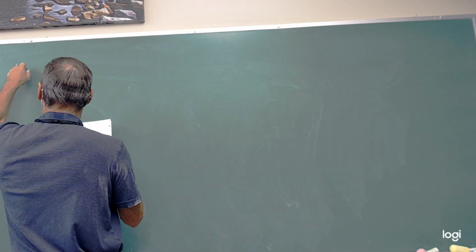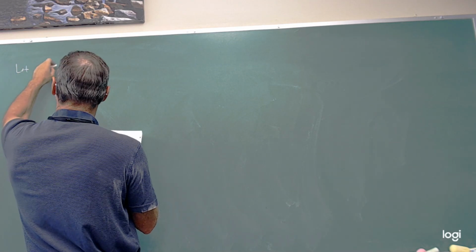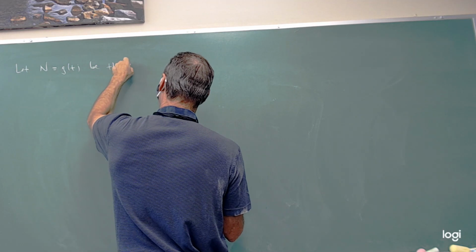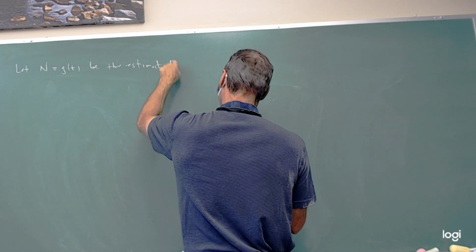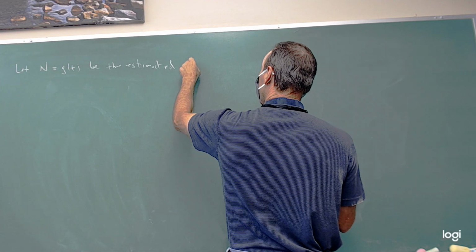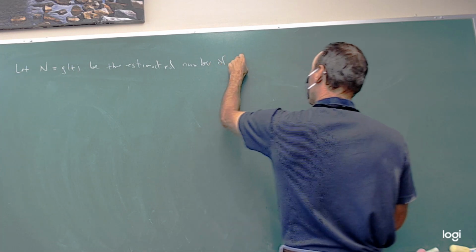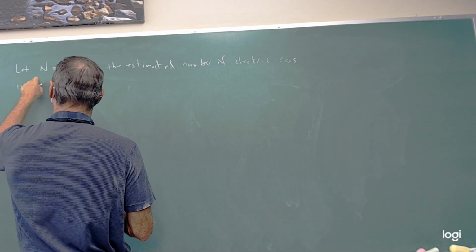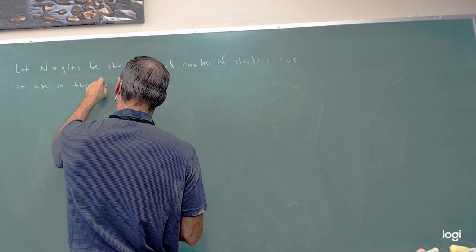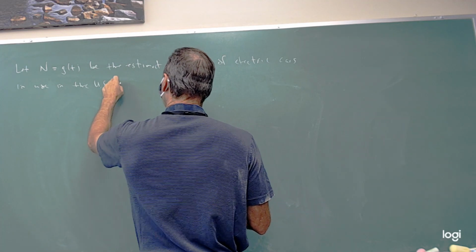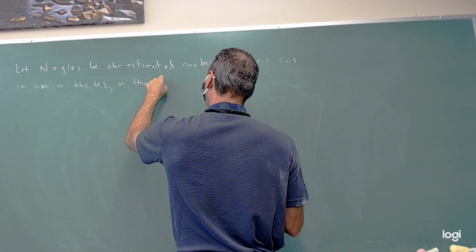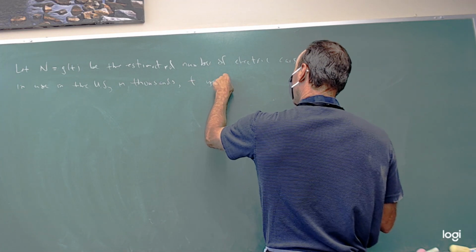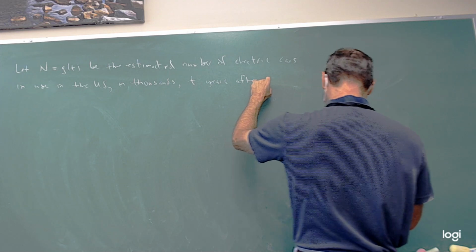So we're going to say let capital N equals G of t be the estimated number of electric cars in use in the US, in thousands, t years after 1995.